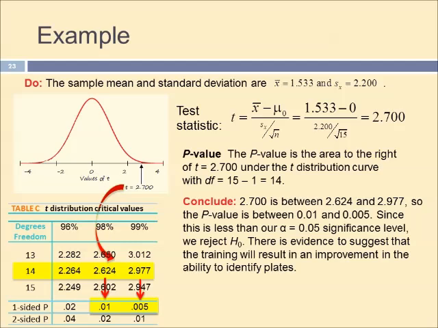We look down at the bottom to find the corresponding p-score, and the p-value is between 0.01 and 0.005. Since that's less than 0.05, we reject the null hypothesis. And we conclude there is evidence to suggest that the training will result in improvement in the ability to identify.